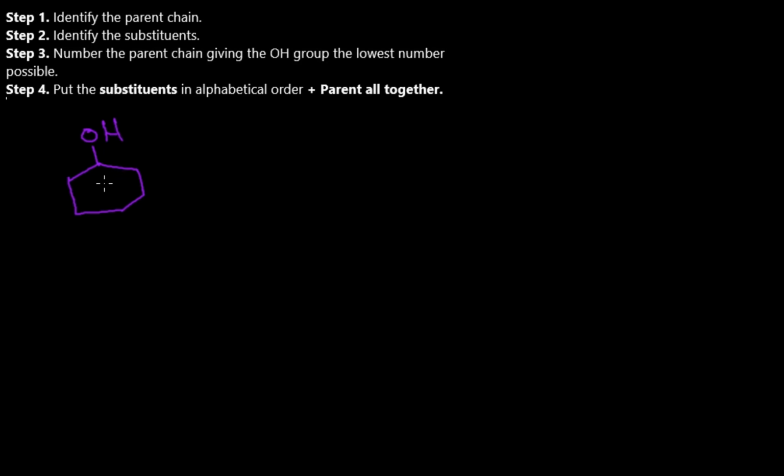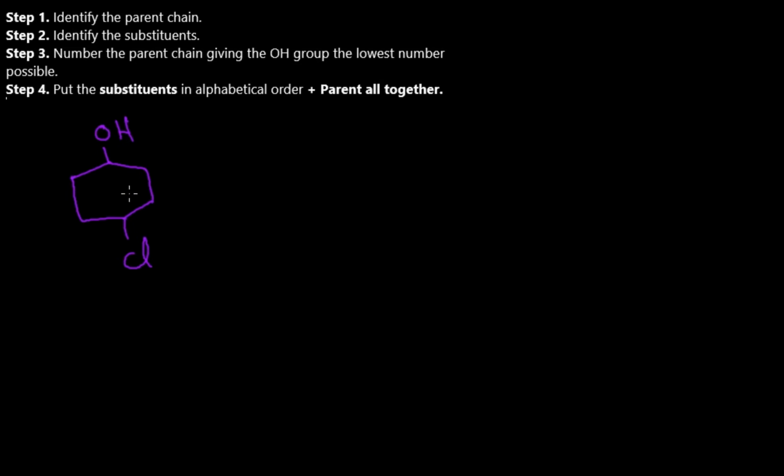Then we have something like, of course, this is carbon number 1, so this is simply called cyclohexanol. Cyclohexanol, right? This is cyclohexanol. And there is no double bond here. It's just one bond, carbon-oxygen bond.